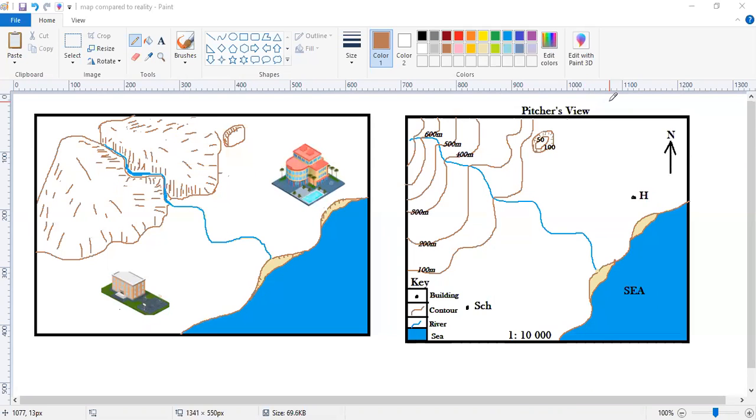Geographers use maps as one of the main tools, both for gathering information as well as for conveying information. A lot of geographers will do some amount of cartography, meaning that they create maps as well as read maps.